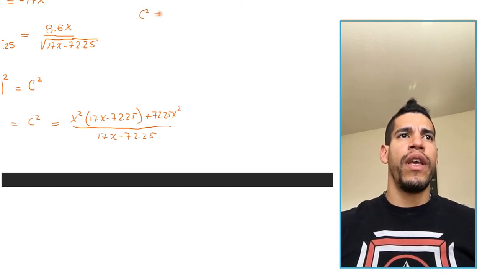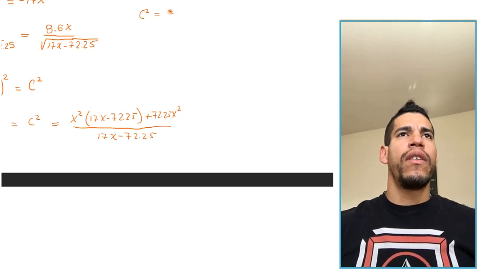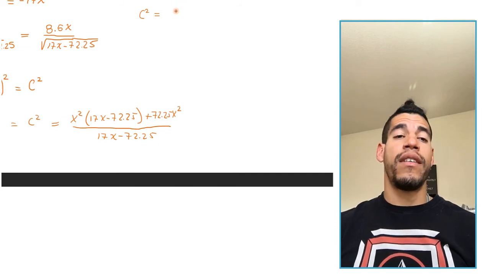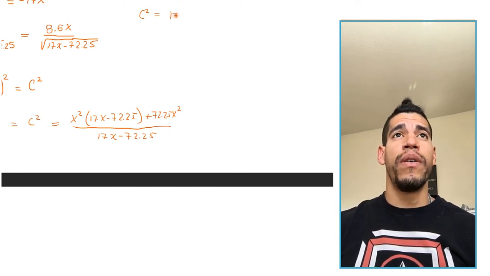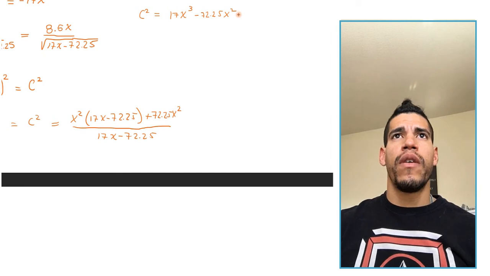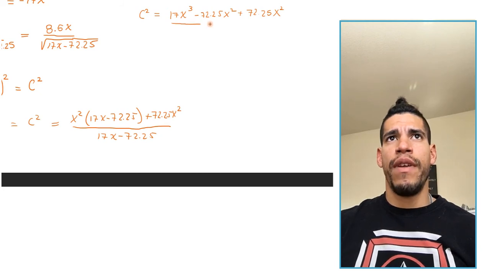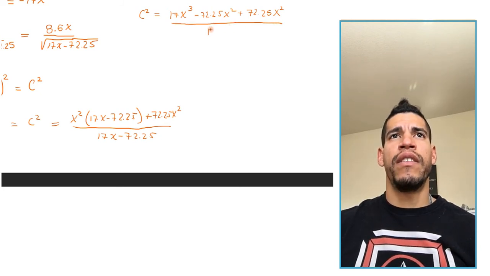C squared equals 17x times x squared is 17x cubed minus 72.25x squared plus 72.25x squared, everything divided by 17x minus 72.25.